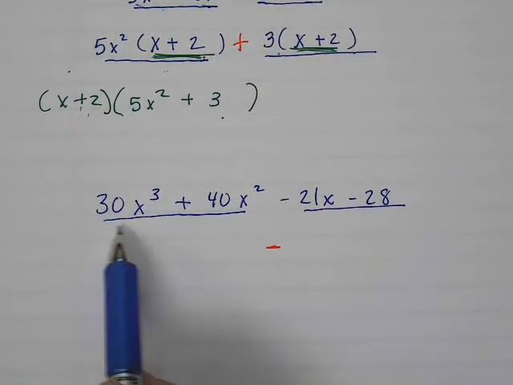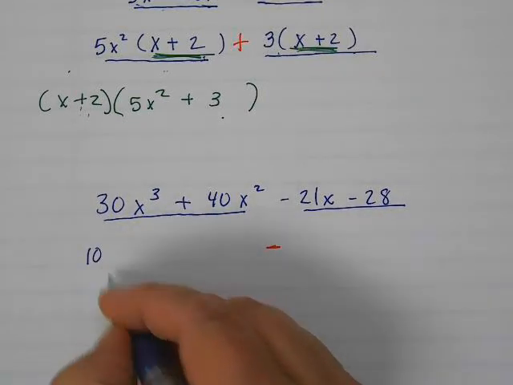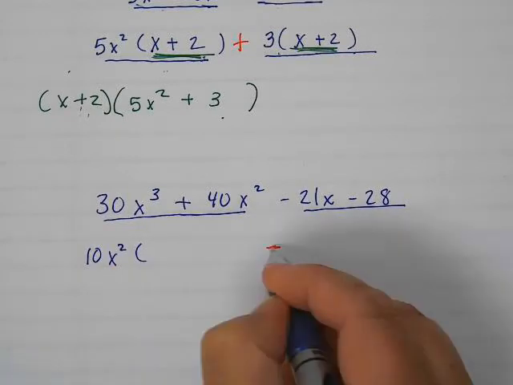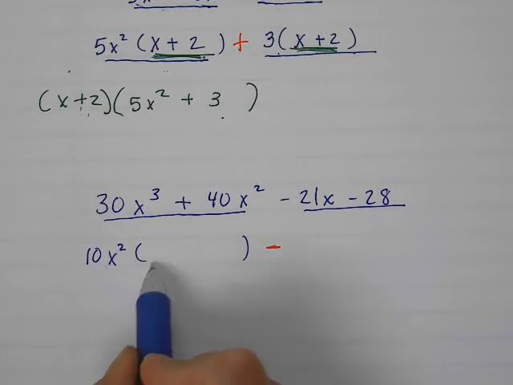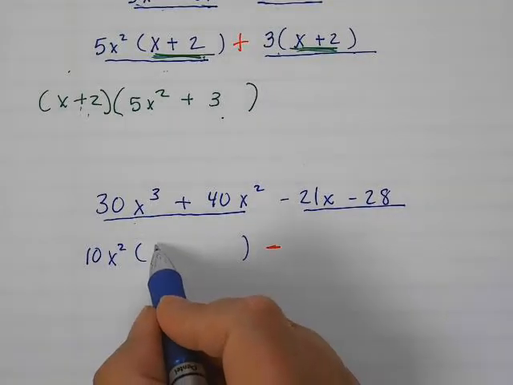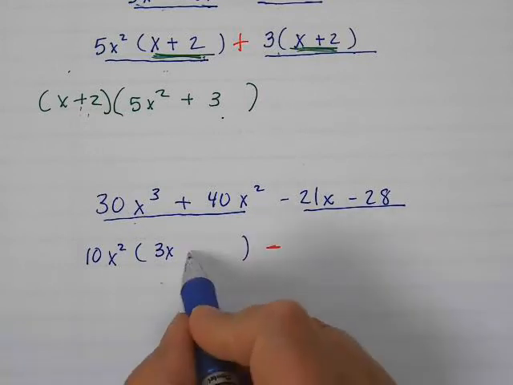So amongst this group, I have to see what they have in common. They have a 10 in common and an x squared in common. So then I'm going to write what's left. What do you take times 10x squared to get 30x cubed? A 3x. What do you take times 10x squared to get 40x squared?